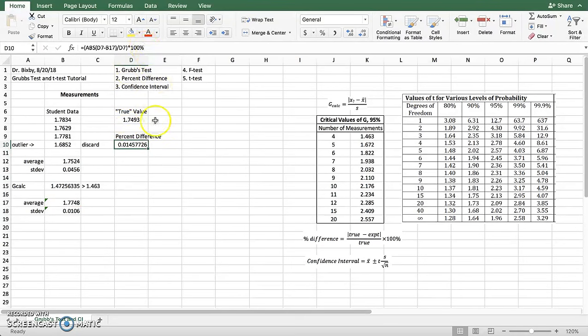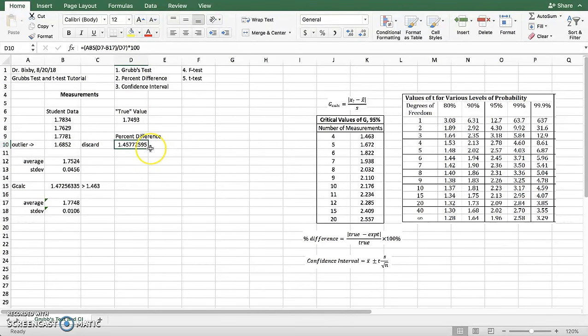So times 100%, so my percent difference is 0.0145. So that's good. Let's just see if it's just times 100. There we go. 1.45%.